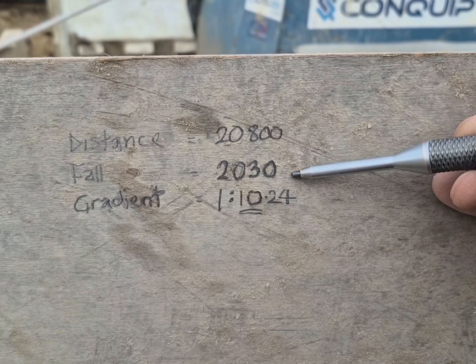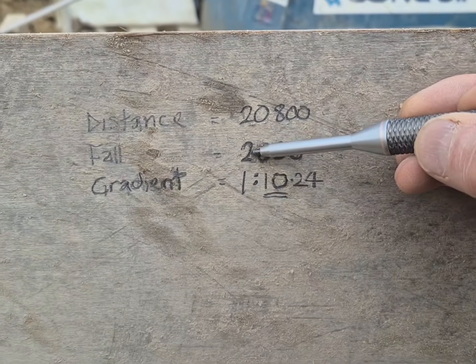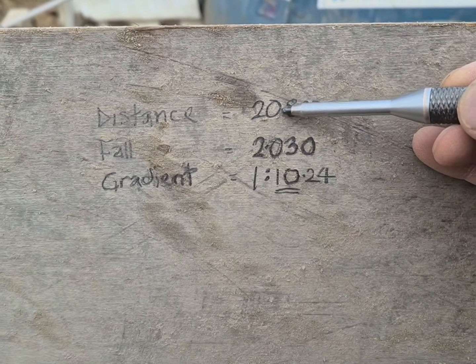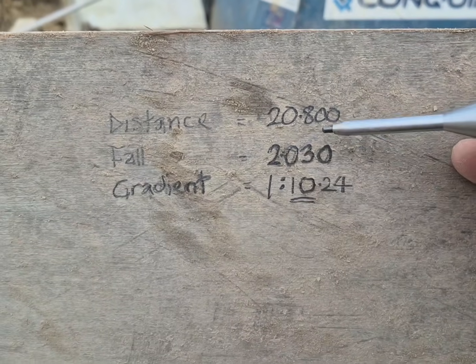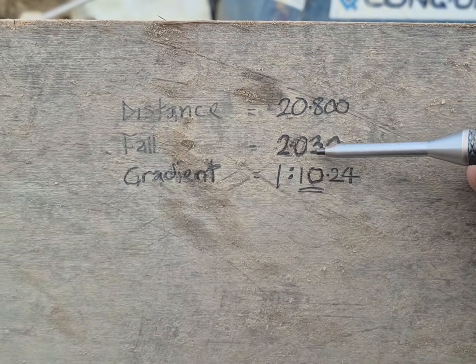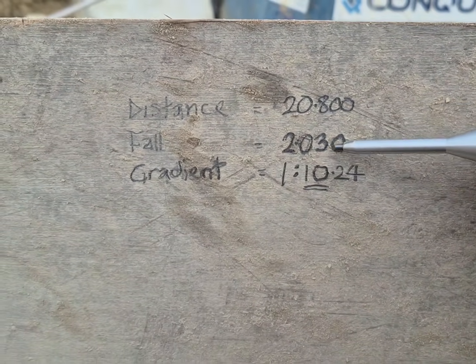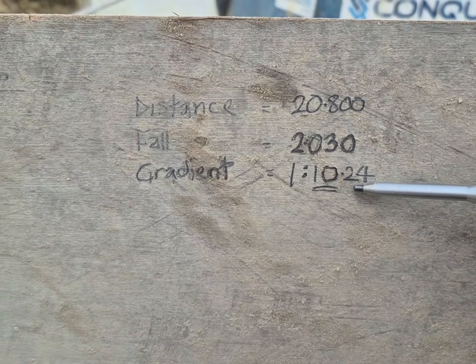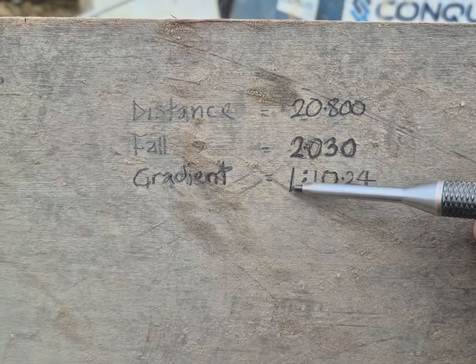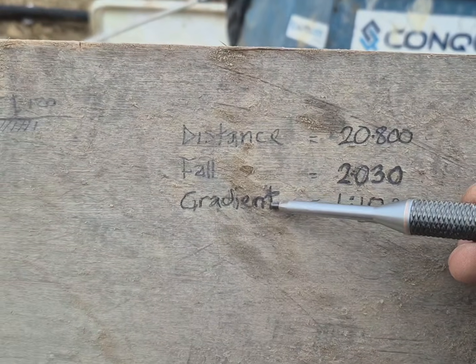So we know what the fall is, that's 2 meters there, and that's 20 meters. So I'll do all my calculation in meters, not in millimeters. So 20.8 divided by 2.03 gave me 10.24, so I've got a 1 in 10.24 gradient.